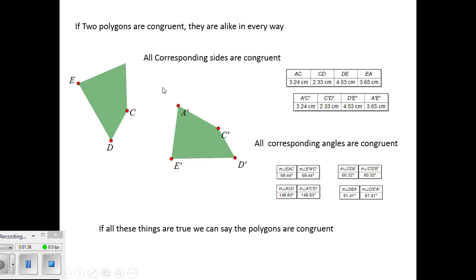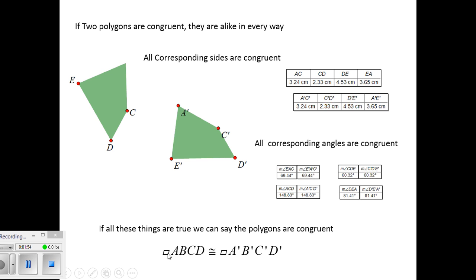As far as we know here, all corresponding sides are congruent, all corresponding angles are congruent. If all these things are true, then the polygons are said to be congruent. And there's something in the way in which we say it here.